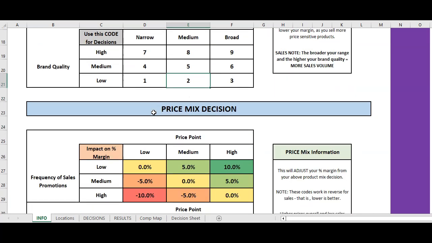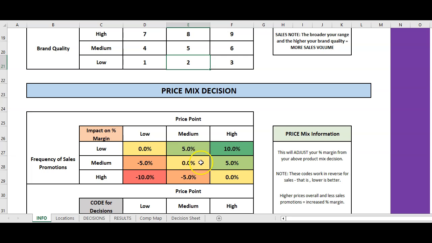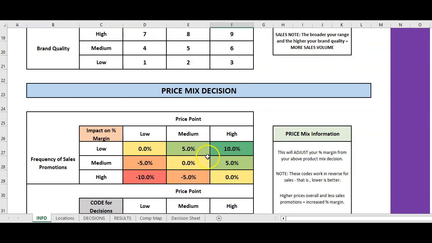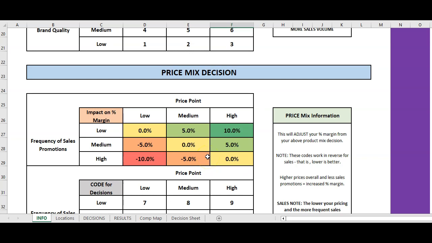Then we go to price. That also impacts margin, so this adds to that. Those 2 numbers are put together and it adjusts your previous margin. Are we going to have low, medium or high prices? Are we going to have a frequency of sales promotions or discounts: not very often, sometimes, a lot of the time?